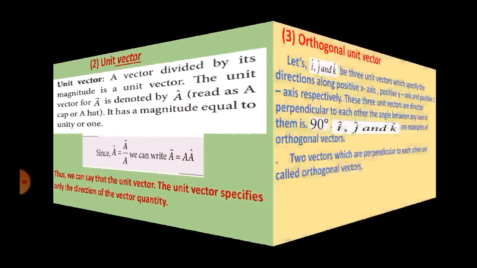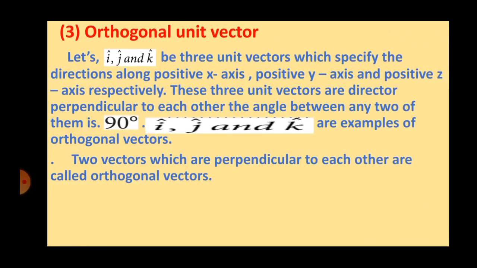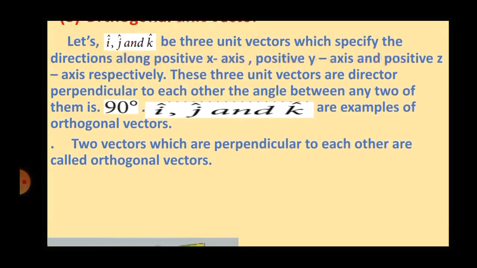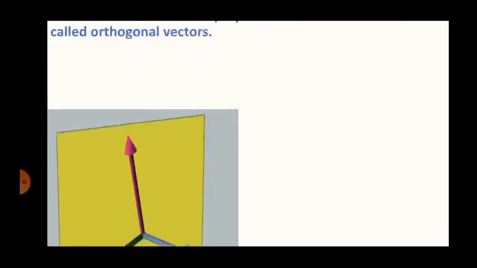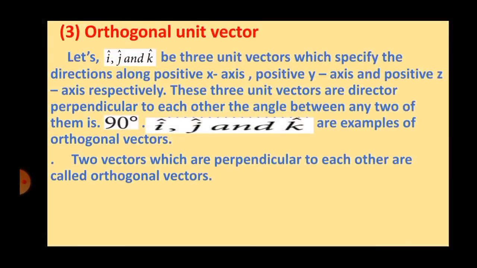Next type of vector, orthogonal unit vector. Orthogonal means mutually perpendicular to each other. Let i cap, j cap and k cap be three unit vectors which specify the directions along positive x-axis, positive y-axis and positive z-axis.